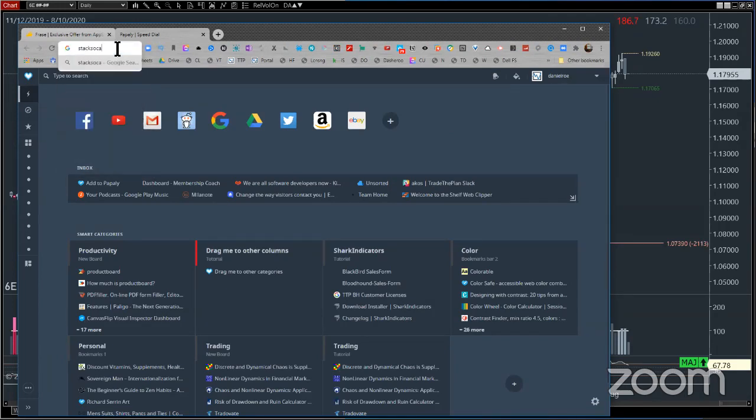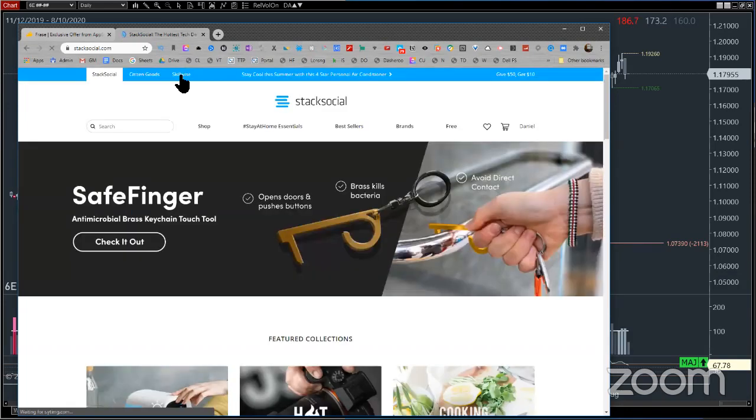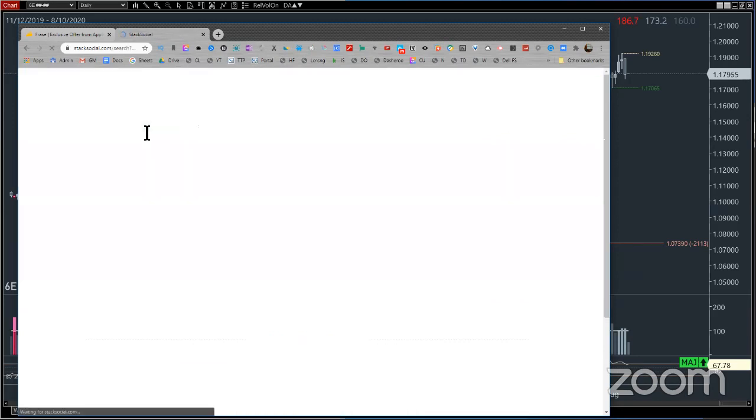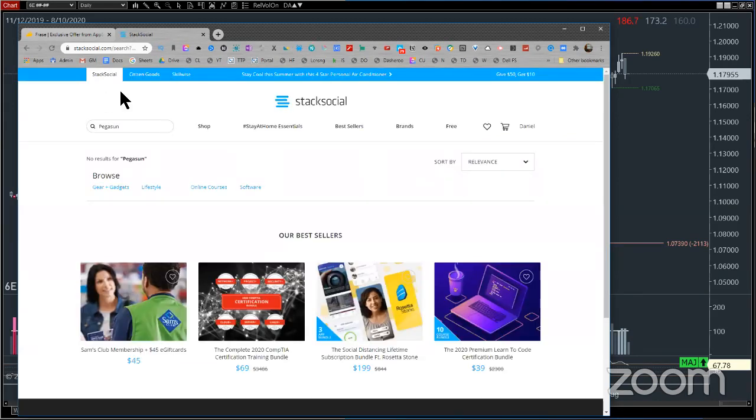I know I'm getting off topic here, but yeah, getting off topic for sure. But you can find on this one, and this Pegasun right here is a known virus manufactory in Israel. They're the guys that make the link for you to send to your wife or girlfriend that when they click on it, then you have full access to their phone.